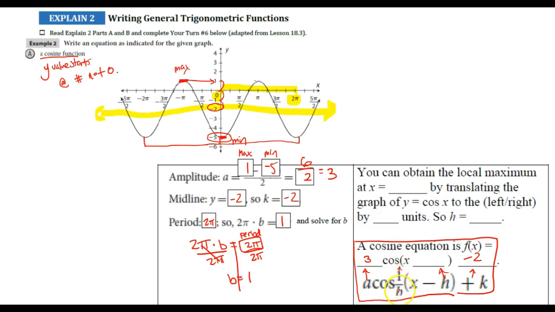So if I actually plugged in 1, so if I wanted to put in cosine 1 over 1, because that was my b value that we found, what's 1 divided by 1? 1, right? Whenever we learned how to write stuff, do we really need to put that 1 there? Or can't we just write cosine x minus our h value? You probably just write cosine parentheses x minus our h value.